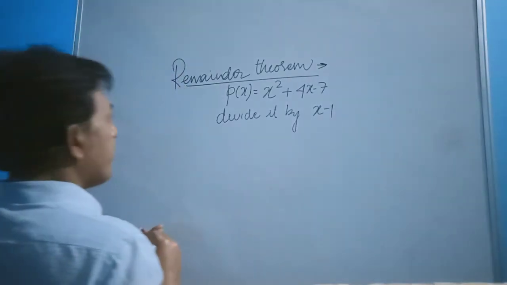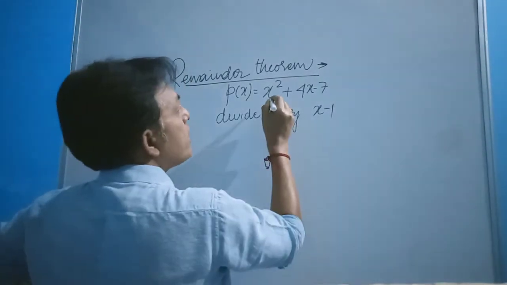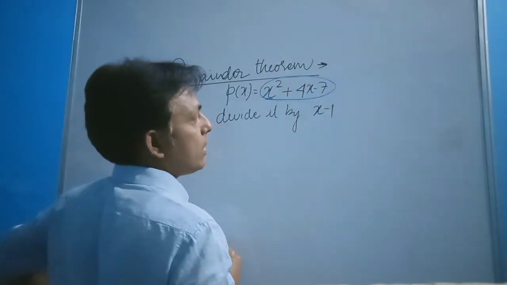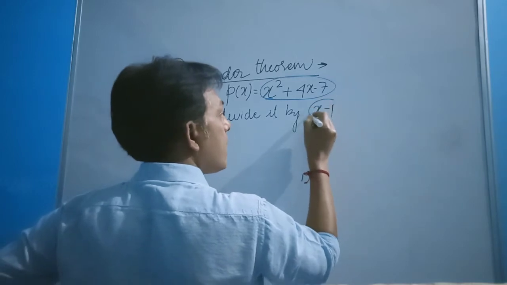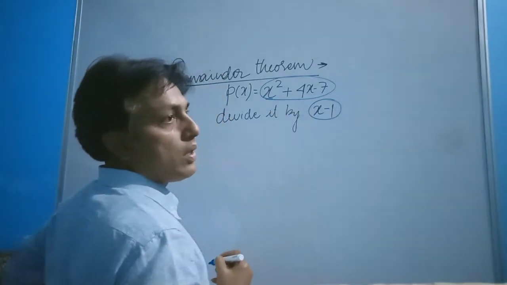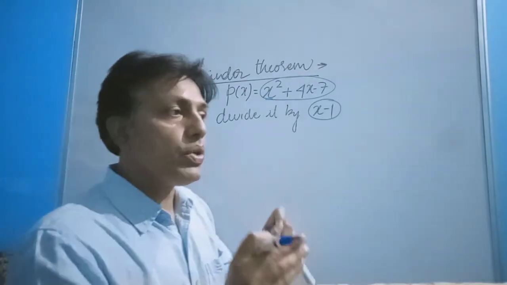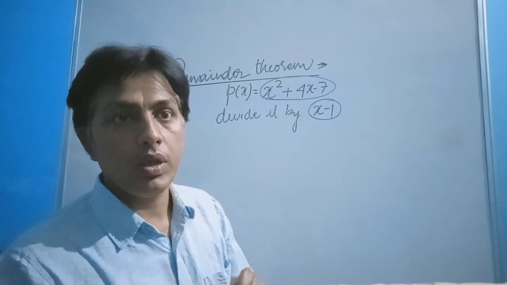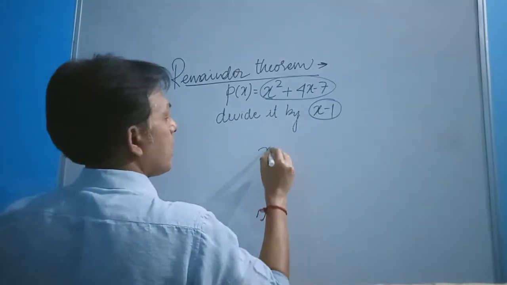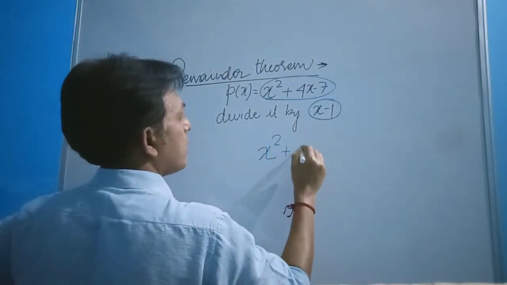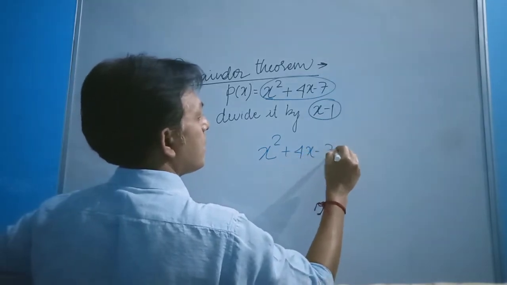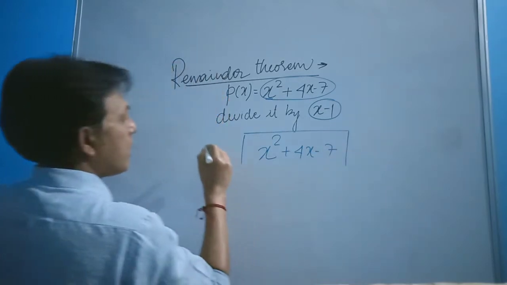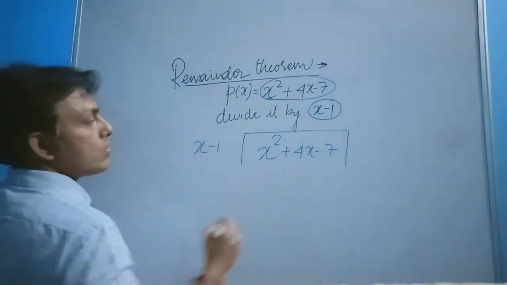So in simple language, since we are going to divide this polynomial by another polynomial, you are going to divide a polynomial by another polynomial. So divide it. This will be the divisor, and it is being divided by x minus 1.